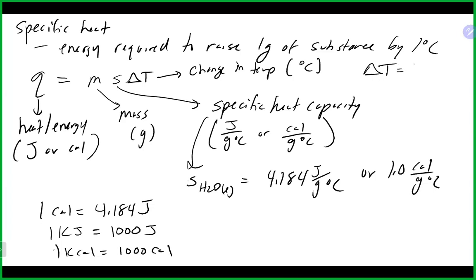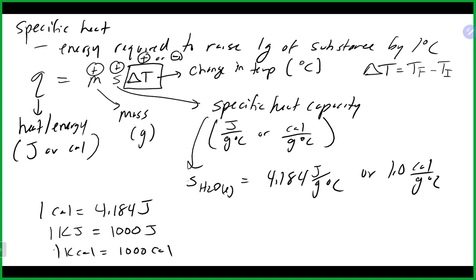You always want to go final temperature minus initial temperature, because as we talked about, the mass should be a positive number, and specific heat capacity will be a positive number. So it is only the change in temperature part of this that could be positive or negative.